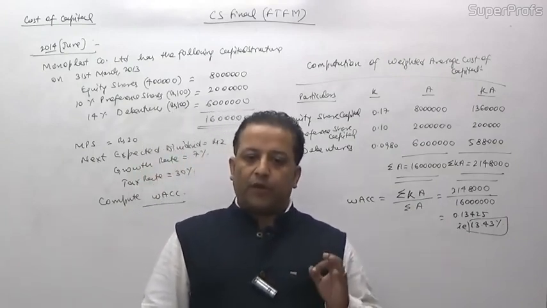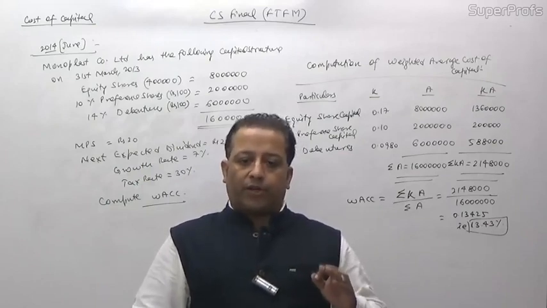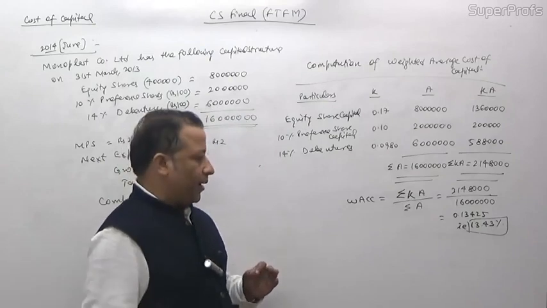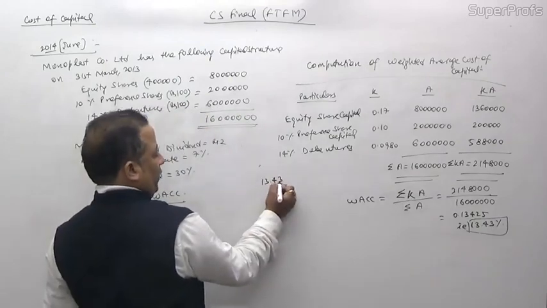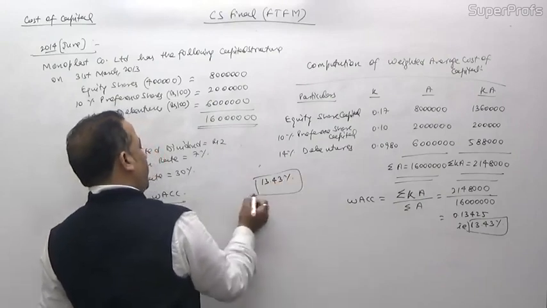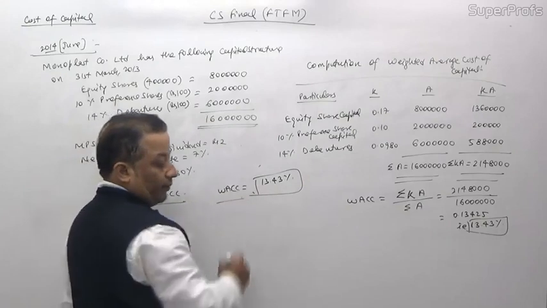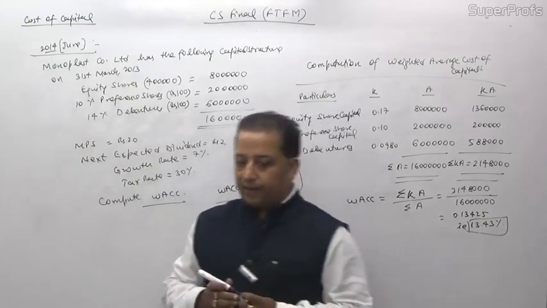So on the basis of these, the weighted average cost of capital of Monoplast Company Limited amounts to 13.43%.